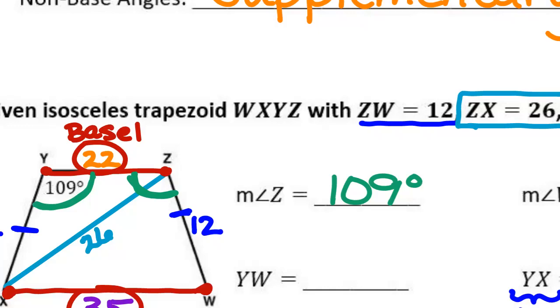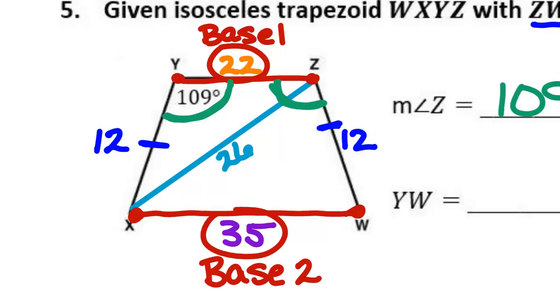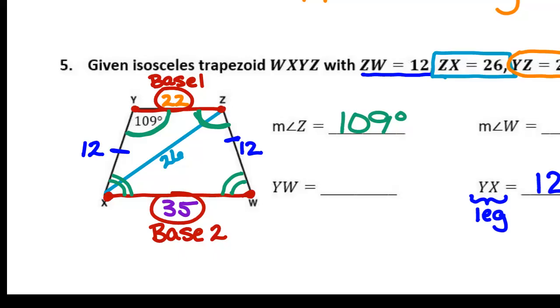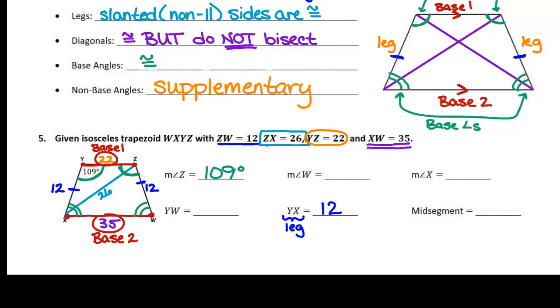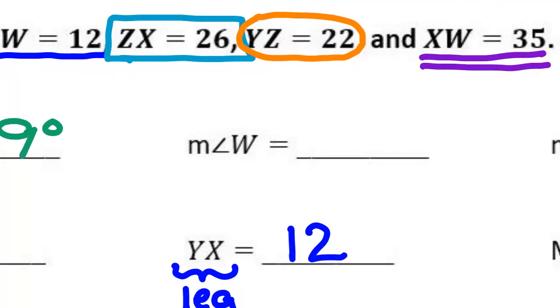Now we want angles X and W. What do we know about angles X and W? I don't know how big they are right now, but what do I know about them? Yes, they're base angles. They both touch base 2, and that means they are congruent. So let's mark them as congruent. What did we say about non-base angles? They're supplementary. So what would I need to do to find angle X? Subtract from 180.